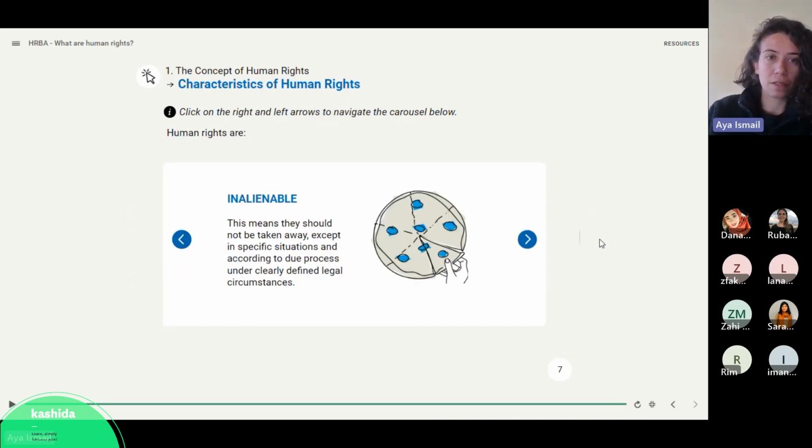This means they are processed under clearly defined legal circumstances. Then button arrow for next carousel slide, button arrow for previous carousel slide. So the person can, with their keyboard, easily choose whether they want to go forward or backward.